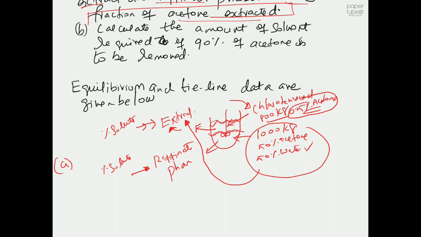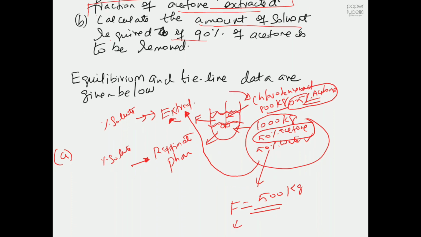So this is part A, and part B is we need to calculate the amount of solvent required if you need to remove 90% of the acetone from the feed solution. So we know that our starting material contains 50% of acetone in our feed. So that will be exactly equal to 500 kg.